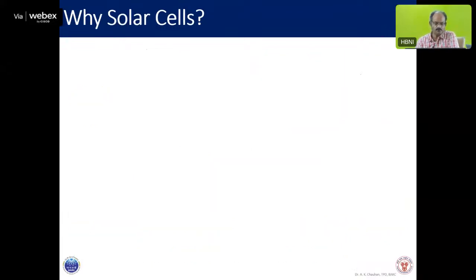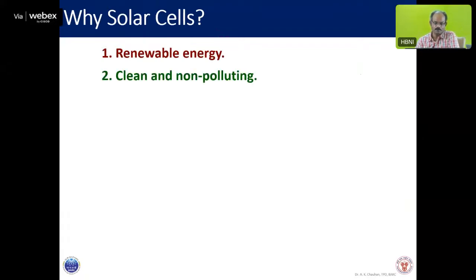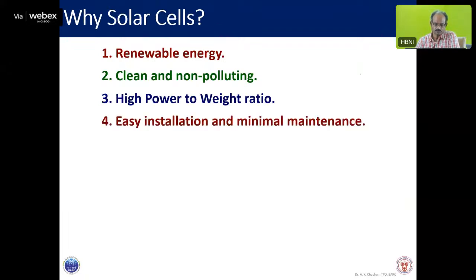Now, why do we require solar cells? Number one, it is renewable energy. It is clean and non-polluting. It has a high power to weight ratio, very easy installation and minimal maintenance.